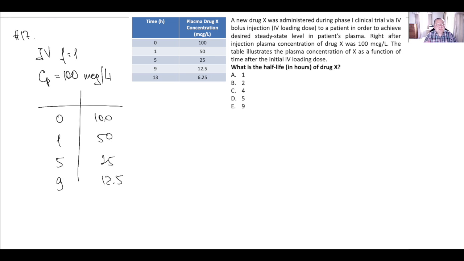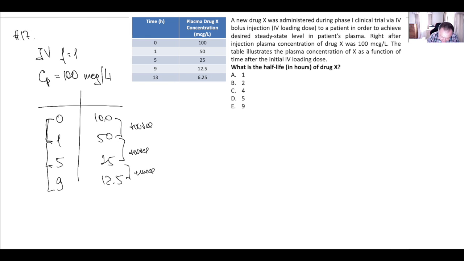So once again, we have either 4 hours or 5 hours. Have a look. From 0 to 1, we have a drop in concentration twice. From 1 to 5, once again, twice. From 5 to 9, twice.